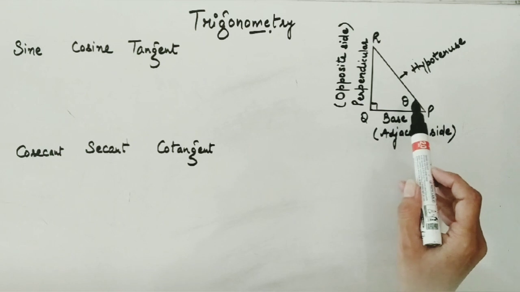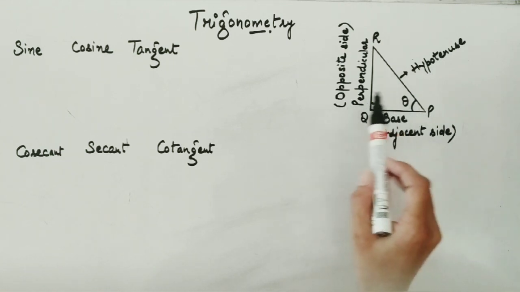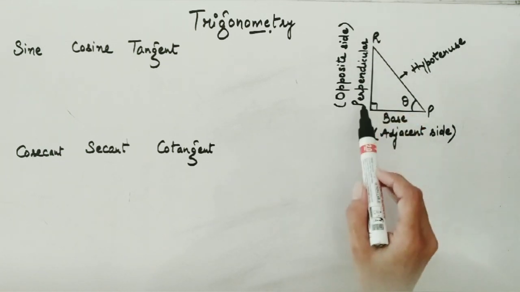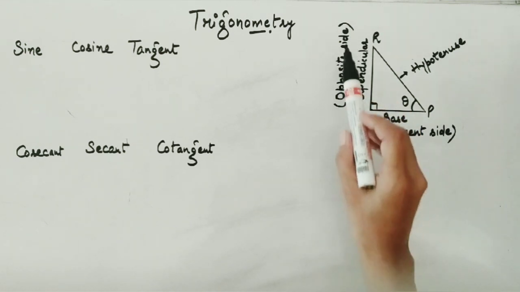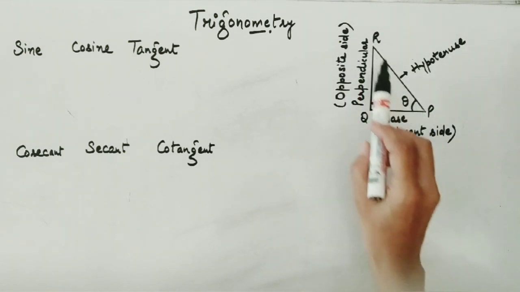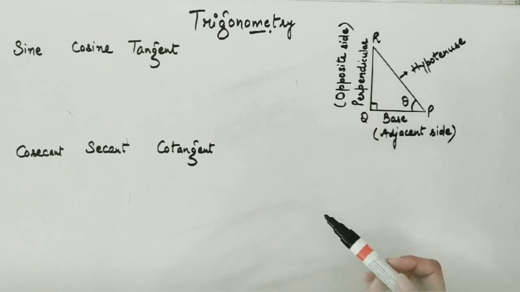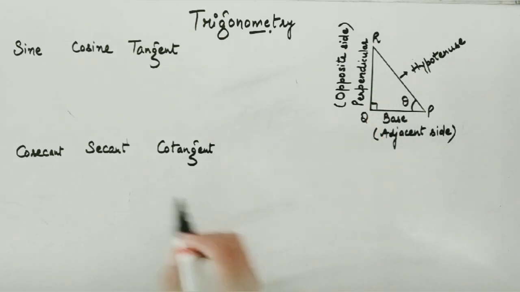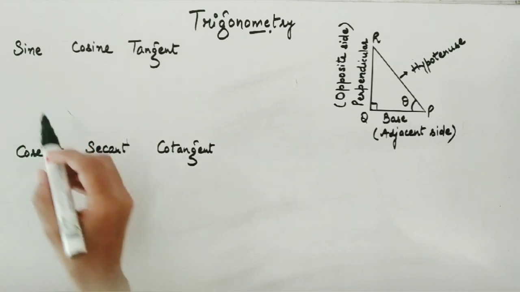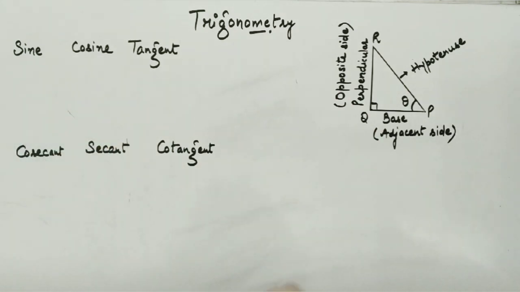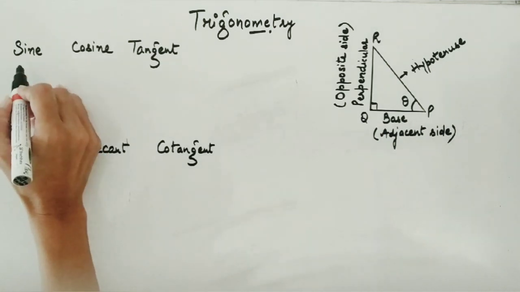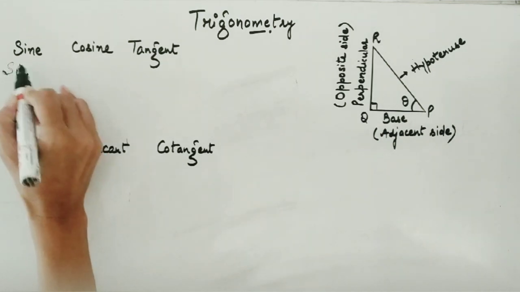The side which is opposite to theta is called the perpendicular, mentioned here as the opposite side, and this side, the longest side, would always remain the hypotenuse. When we write the trigonometric ratio for the first function, we would not write it completely, we would just write sine theta.